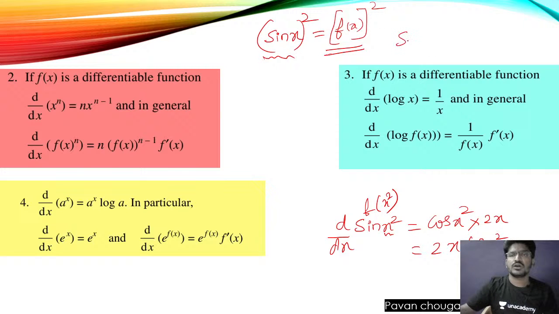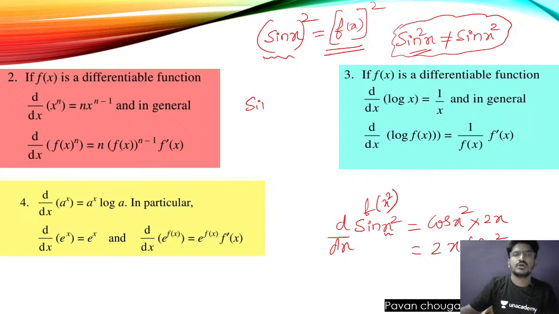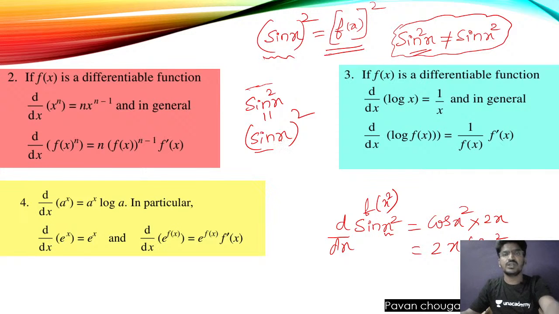Please make a note, sin square x is not equal to sin x square. Okay, so that you can calculate. See, sin square x is nothing but sin of x whole square. These both terms are same. Clear? Now I will differentiate.